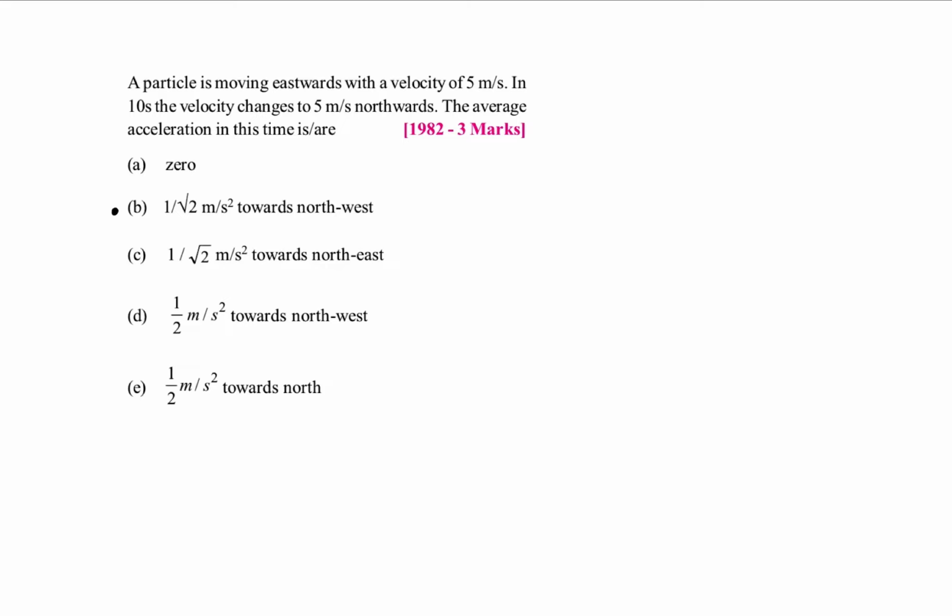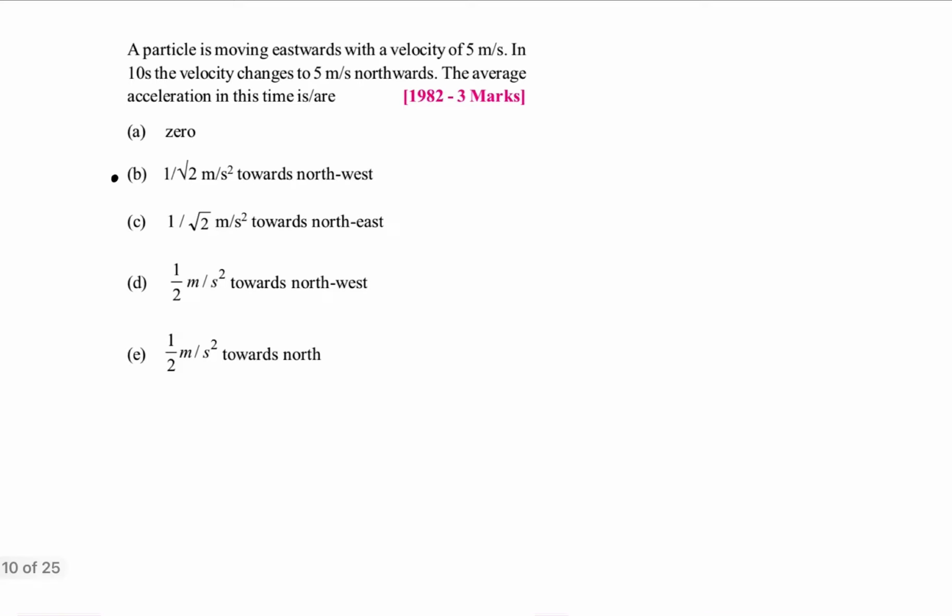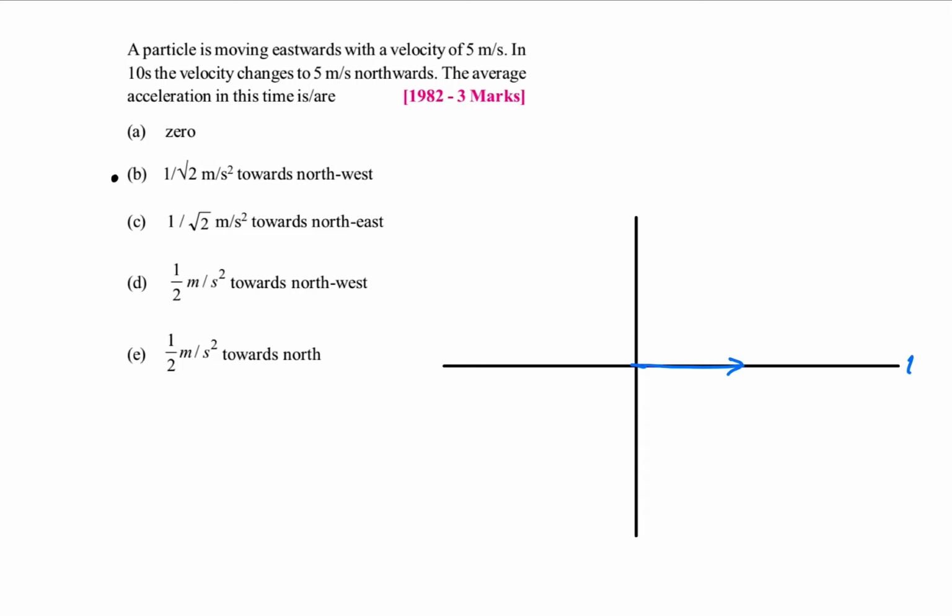Okay. Next one, a particle is moving eastward with velocity of 5 meter per second. In 10 seconds, the velocity changes to 5 meter per second northwards. The average acceleration in this time is how much? As earlier I have given, the particle is moving initially with velocity in the east direction.